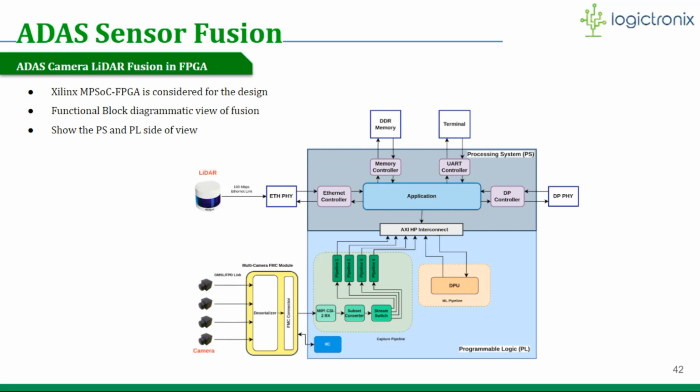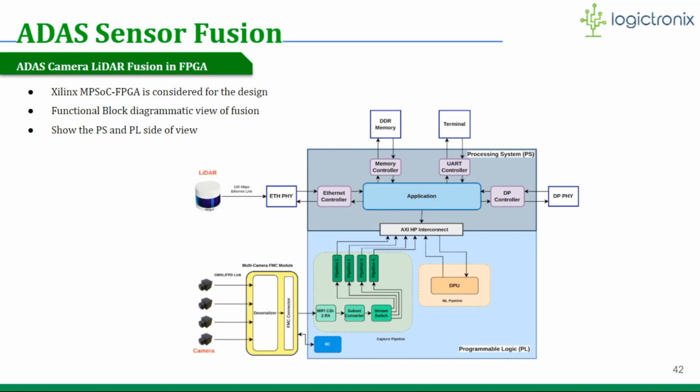Okay, and to transfer this data into the FPGA, a multi-camera FMC module is used. This FMC module will have a deserializer circuit which deserializes each individual camera data into a MIPI format, and that data is sent to the FPGA by the FMC connector.